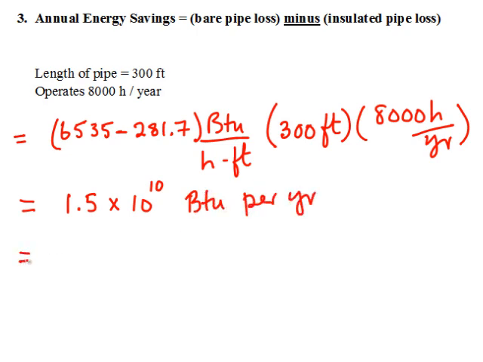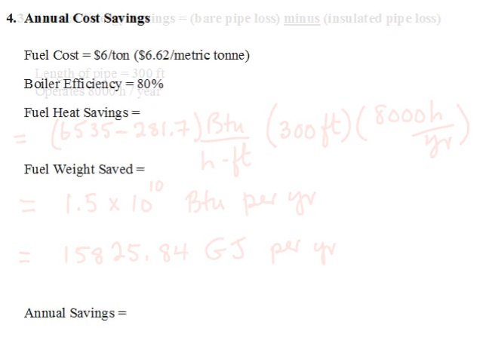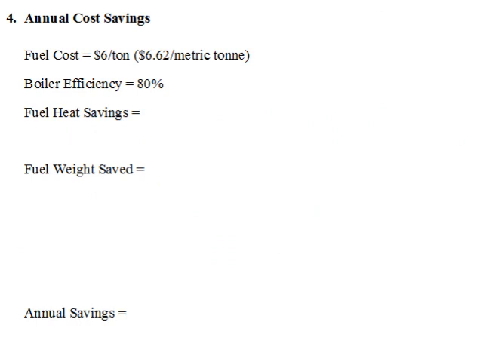If working in the metric system, this would translate into 15,825.84 gigajoules per year.